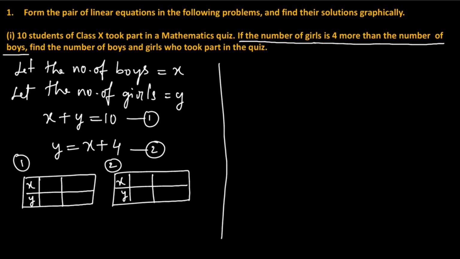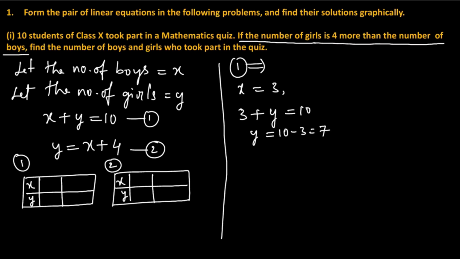So for the first equation, if I take x is equal to 3, you can take any number. If x is equal to 3, then 3 plus y is equal to 10, so y is equal to 10 minus 3, which is equal to 7.